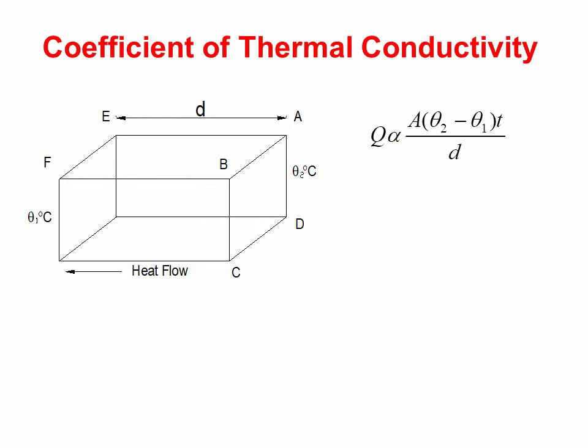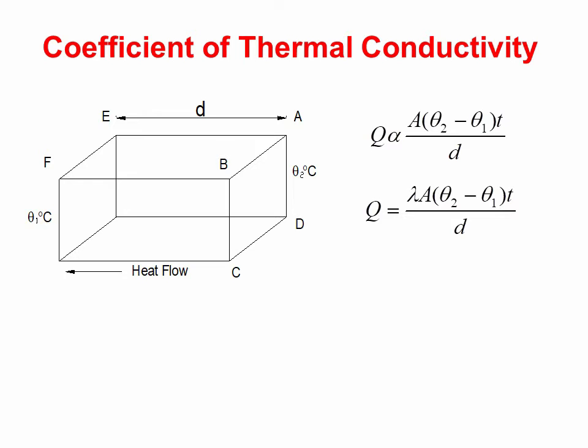After steady state, the heat energy Q is directly proportional to the area of cross section, the temperature gradient, which is theta 2 minus theta 1 by d, and the time. After making the mathematical expression, we introduce a constant, lambda.